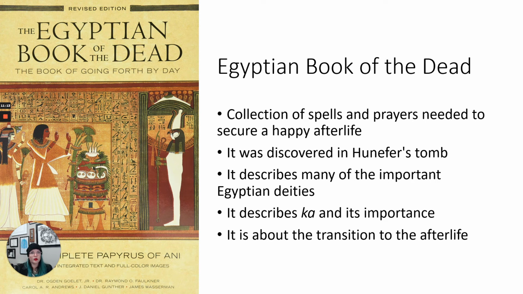Hunefer is from the New Kingdom, so he was around 1450-ish, and he was the scribe for Seti I, Seti the First. So he himself was not the king, but he had a really high up position. He's the guy who did all the writing for this pharaoh, Seti the First.